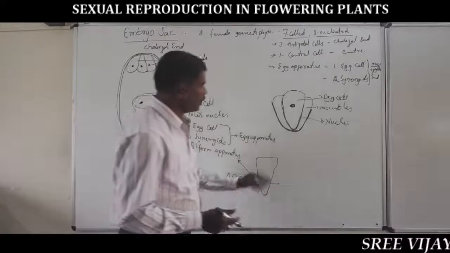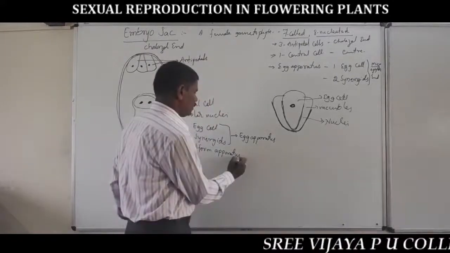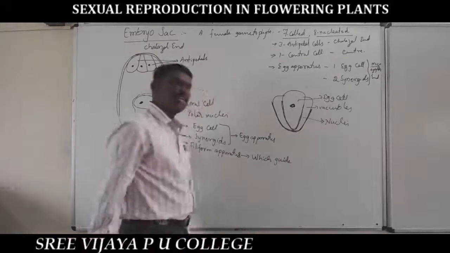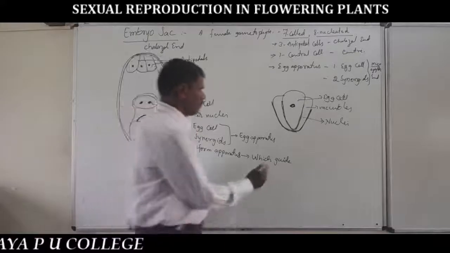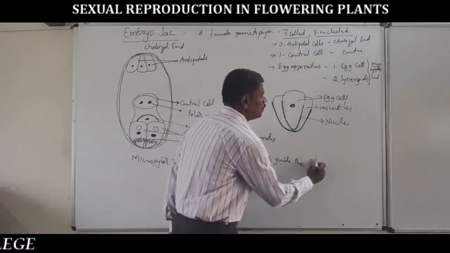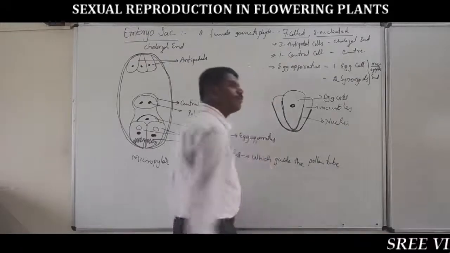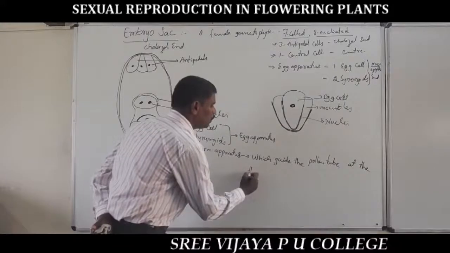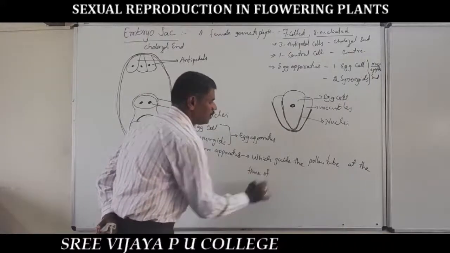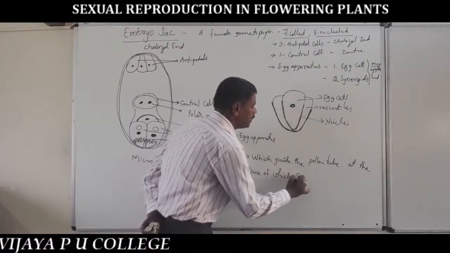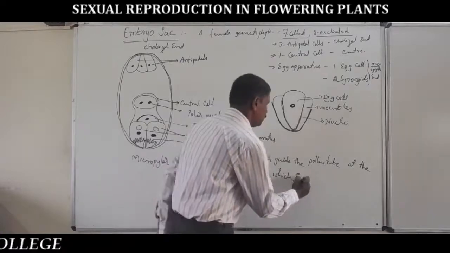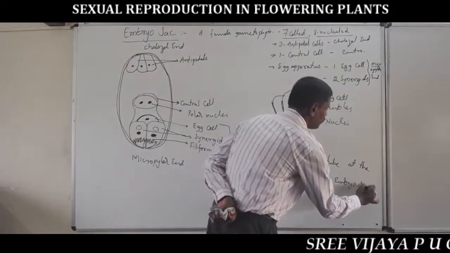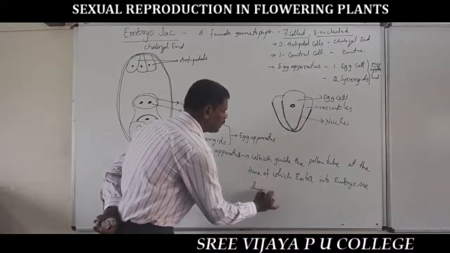See here, the filiform apparatus which guide, or which show the path, which guide the pollen tube at the time of entering into the embryo sac during fertilization.